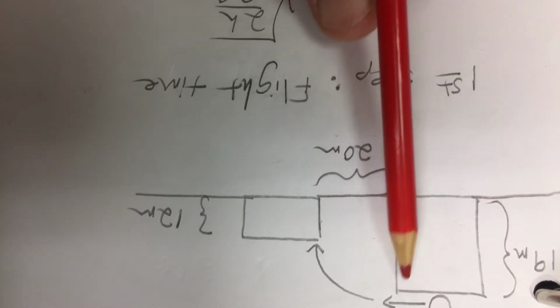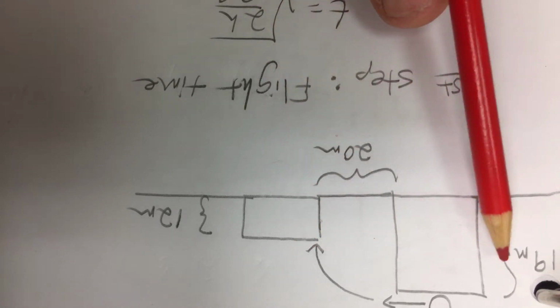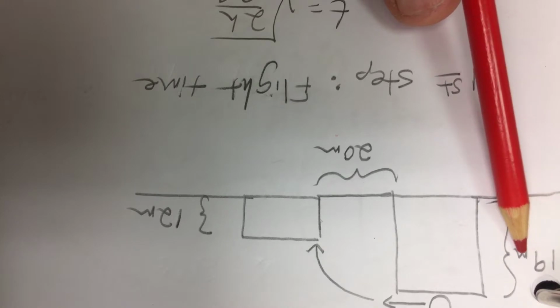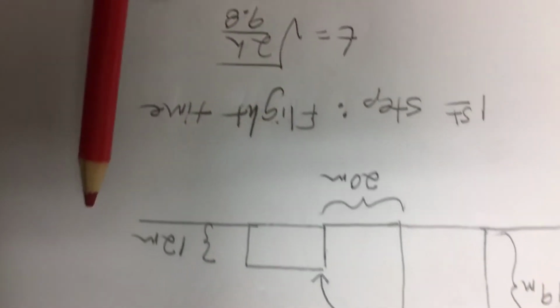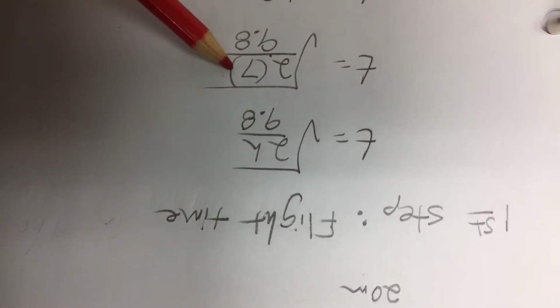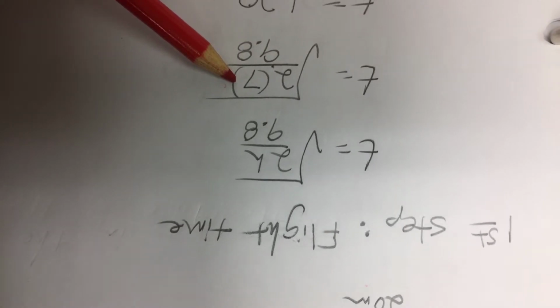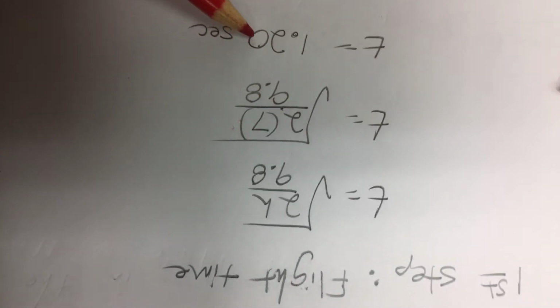That's all the falling that's happening. So we have to take the difference between the 2 heights. The difference between the 19 and the 12 is 7 meters. That's how high the fall is. And so we have 2 times 7 divided by 9.8, square root it, and you get 1.2 seconds.